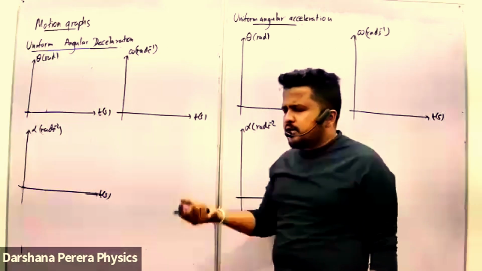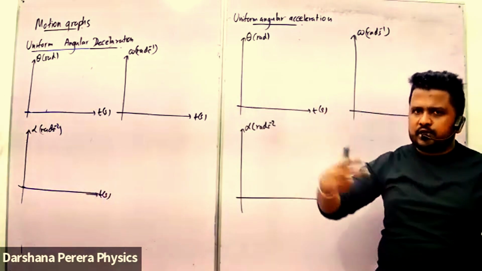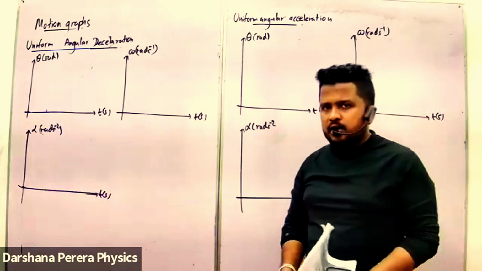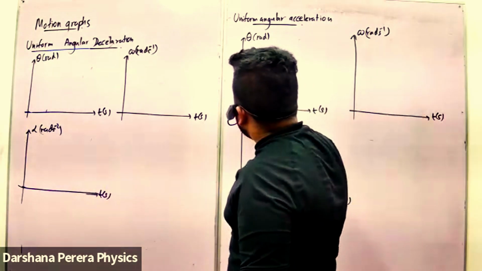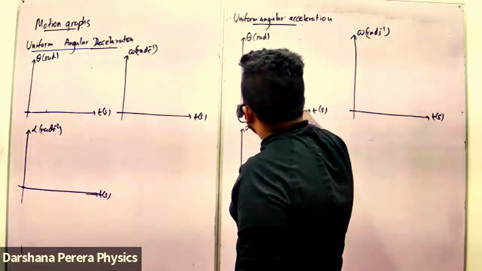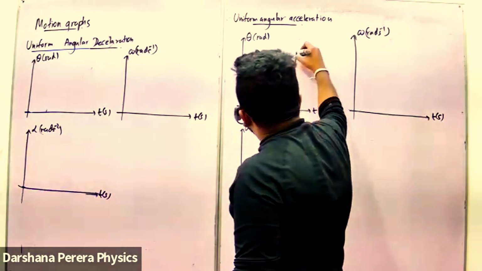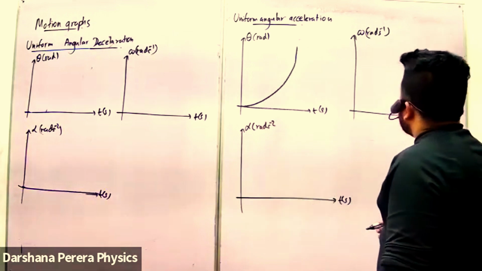When an object moves with acceleration, it means an increase in the velocity. Velocity is increasing, so the gradient should also increase. Like this, the gradient should be increased.